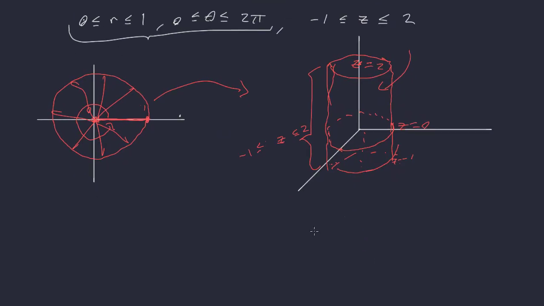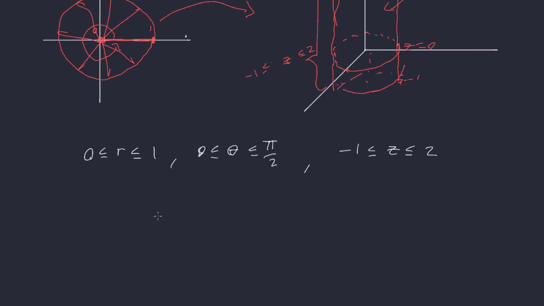Okay, and we can do all sorts of things to adjust this. For example, if we did the same thing, but kept r the same, let theta only range between 0 and pi over 2, and kept z the same, well, that would change our graph on the xy plane, because we would only have theta going from 0 to pi over 2.